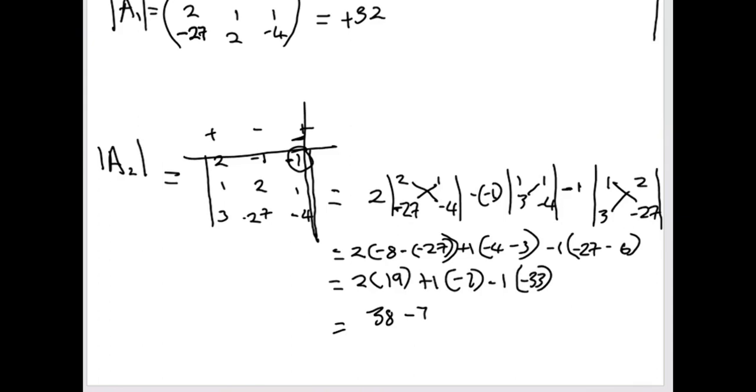Minus 1 times -3 is, -1 times -3 is +3. So this will add up to 64. Therefore, this one is for A2, and 64 is a positive number.